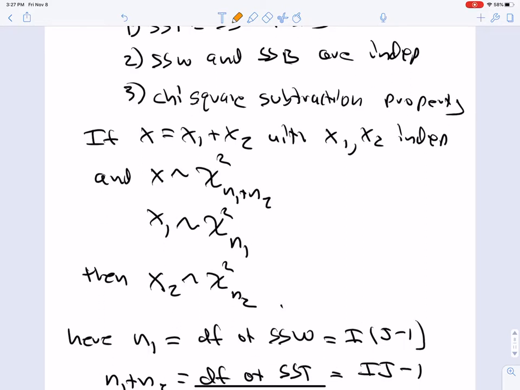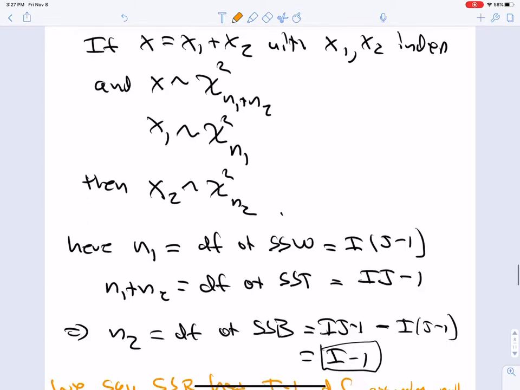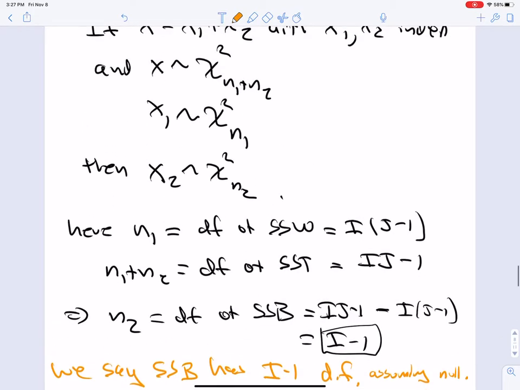And we also know this chi-squared subtraction property, that if X is a sum of 2 independent chi-squares with degrees of freedom n1 plus n2, and X1 has degrees of freedom n1, then X2 will be chi-squared with degrees of freedom n2.